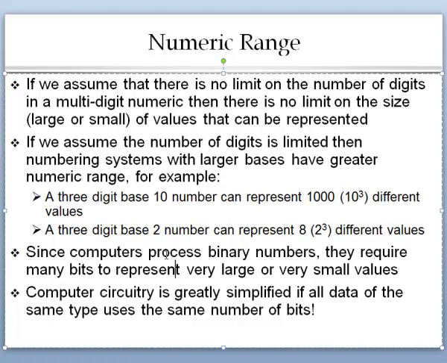Okay, and what that tends to mean is that we wind up pre-padding a lot of our values with zeros. Okay, and that's simply to make the computer circuitry simpler, and a recurring theme we'll emphasize in this class over and over and over again. Anything you can do to make computer circuitry simpler makes it faster.